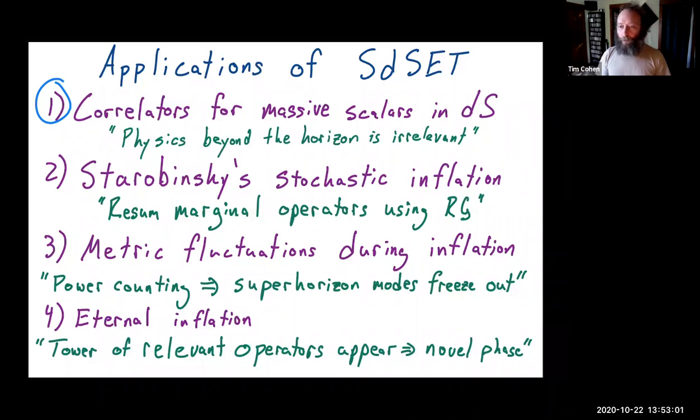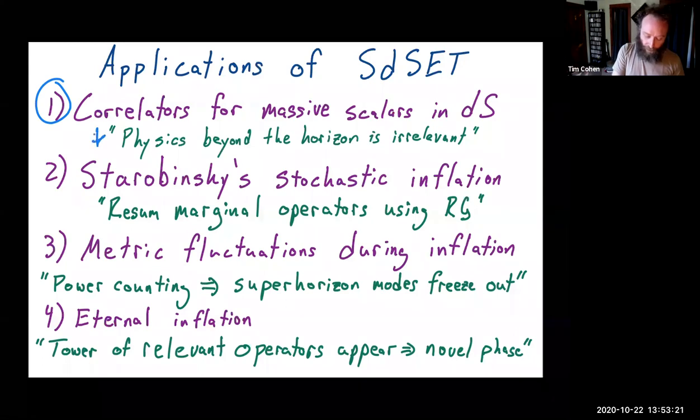And that is mirrored in the operator structure: it's going to turn out that the only operators we can write down consistent with our power counting are irrelevant operators. Irrelevant operators are suppressed by powers of 1 over a, which dies off exponentially fast. And so we say physics beyond the horizon is irrelevant in the massive case. Okay. And we'll be able to see that work out exactly.